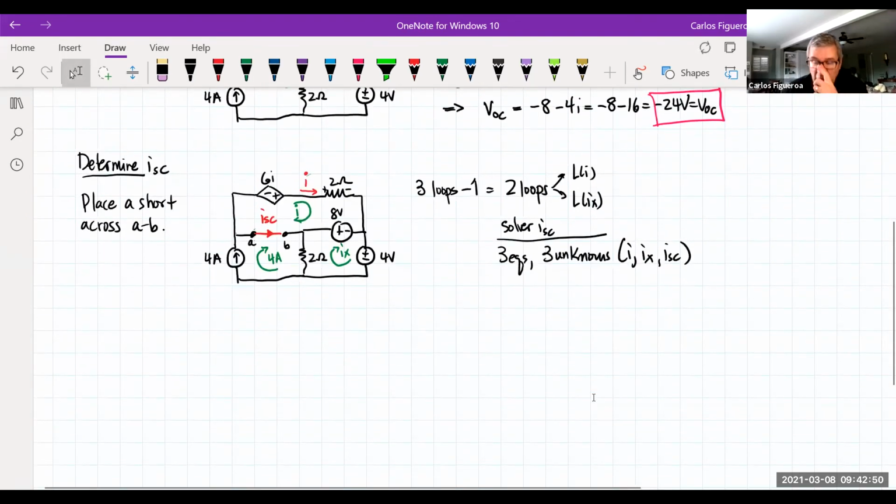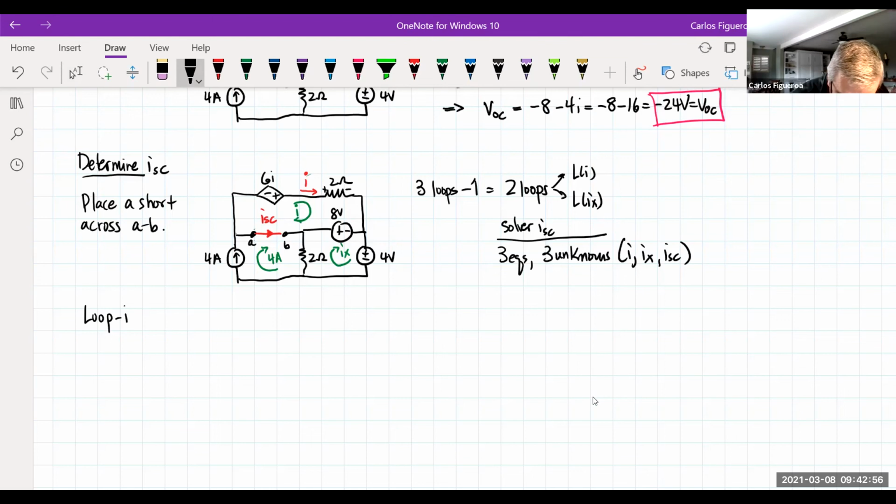So if I do that, I'm going to start with loop I. If I look at loop I, what am I seeing here? Well, I have only one resistor in the loop, so I'm going to get 2I. Then I hit that voltage source. I hit a minus sign, so then I take it off to the other side. And then as I come all the way around, I have a minus for this guy here.